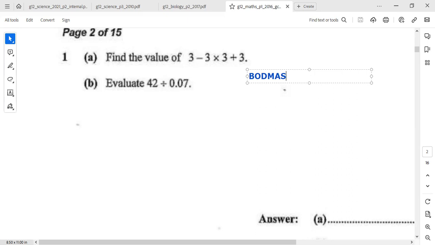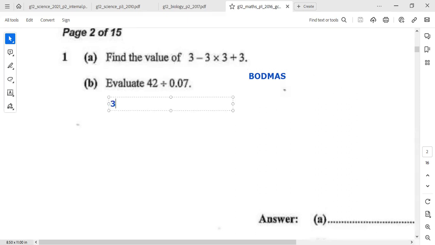So if we are solving this guy, what should we do? We must first of all begin with multiplication. So we are multiplying these two. This has a minus, this has a positive. Minus positive, we still get a minus.